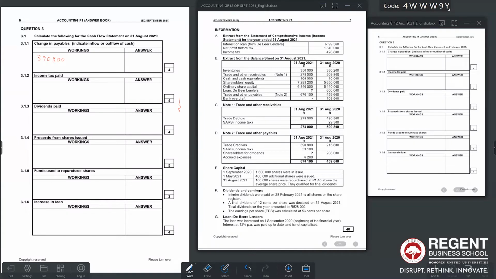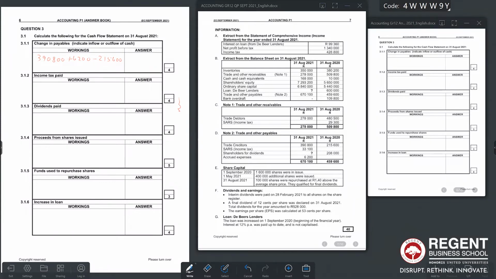That's my creditors figure, plus the accrued expense of 6,200. And thereafter, I'm going to minus my last year's figure, minus 215,600. Okay, so I will take my creditors, I take my accrued expense, minus the last year's figure.